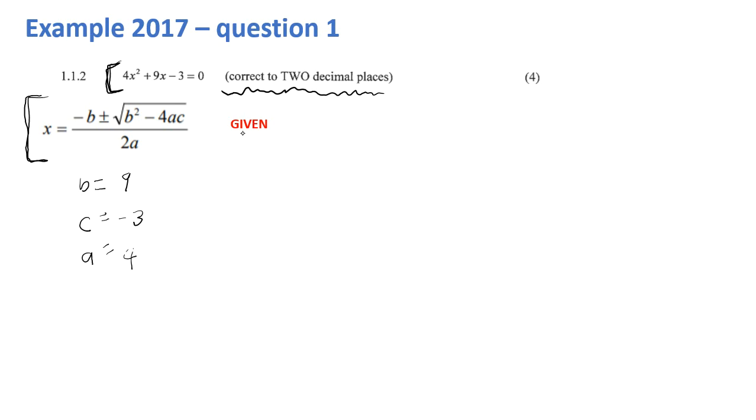If you plug all of these values into that equation, remember, it's a plus or minus, so you get 2 solutions. And what I get is x equals minus 0.29 or x equals, well, that's plus 0.29, I think, and that's minus 2.54. You can go and double check.